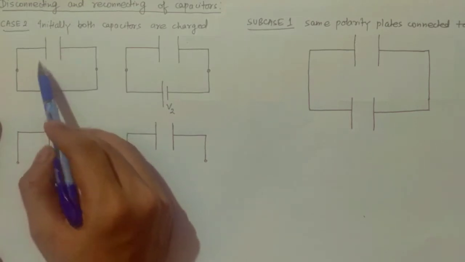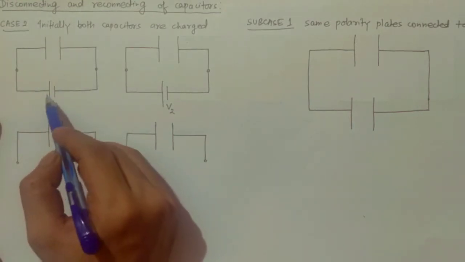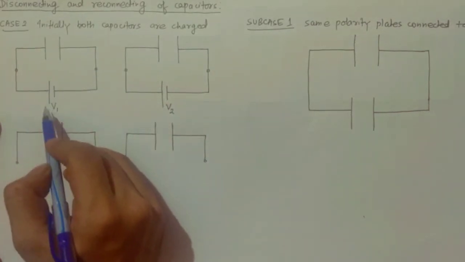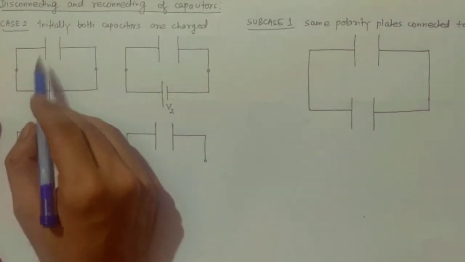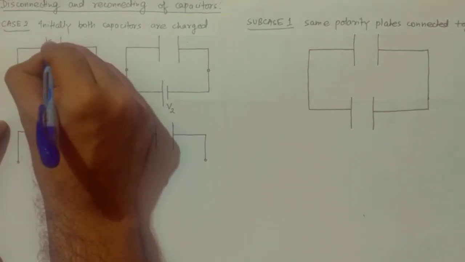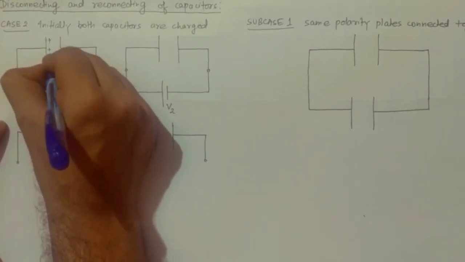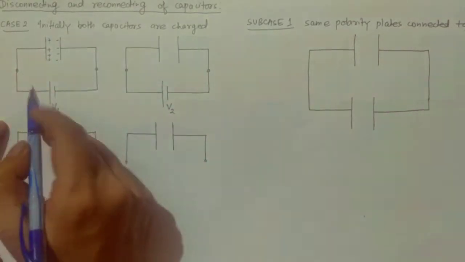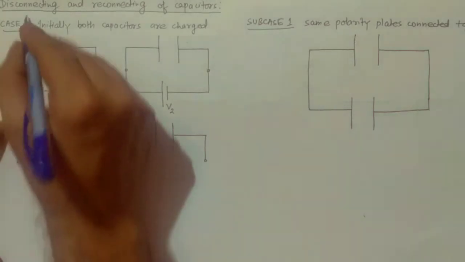So this is our capacitor 1, which is connected to a battery. Due to this, this plate of the capacitor will acquire positive charge, and this plate will acquire an equal amount of negative charge. Let us suppose the capacitance of this capacitor is C1.